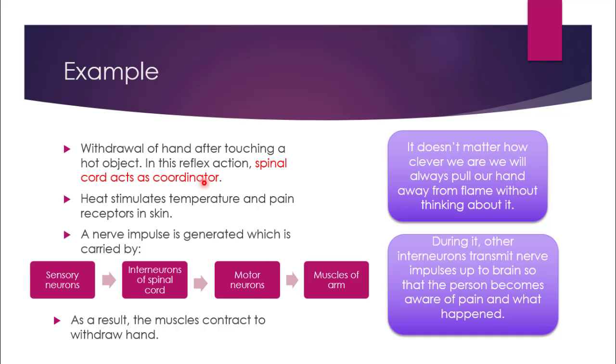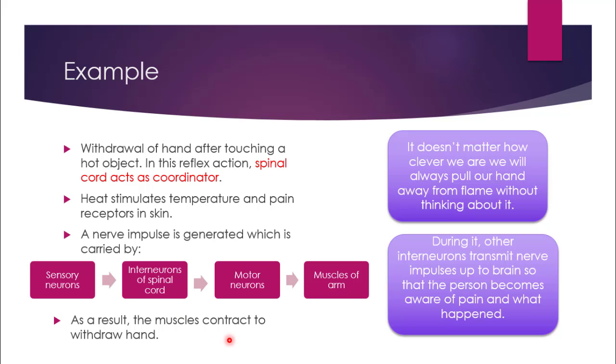Now what happens? When you touch a hot object, the heat from the hot object stimulates the temperature and pain receptors in your skin. As a result, a nerve impulse is generated, which is carried by sensory neurons to the interneurons of the spinal cord, which pass the impulse to the motor neurons, and at the end, the motor neuron passes the impulse to the muscles of the arm, which allow you to pull away your hand.